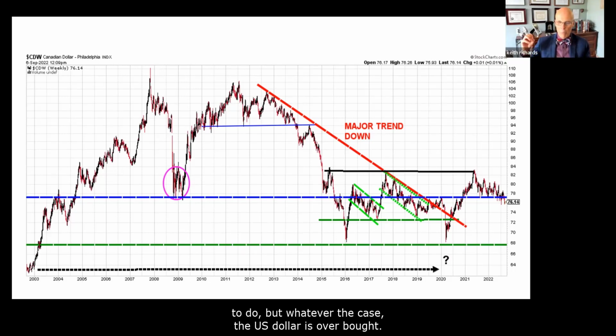But whatever the case, the US dollar is overbought. So I believe that you must follow the trend while it's in place. The downtrend on the Canadian dollar is still in place. You can't be bullish on the Canadian dollar on a relative basis, but probably sooner rather than later, you're going to see the US dollar step back, and that will probably help the Canadian dollar.